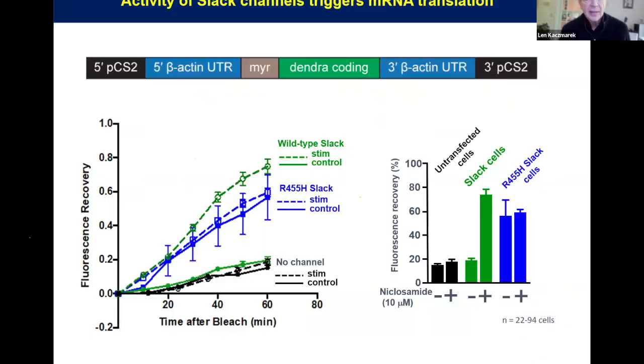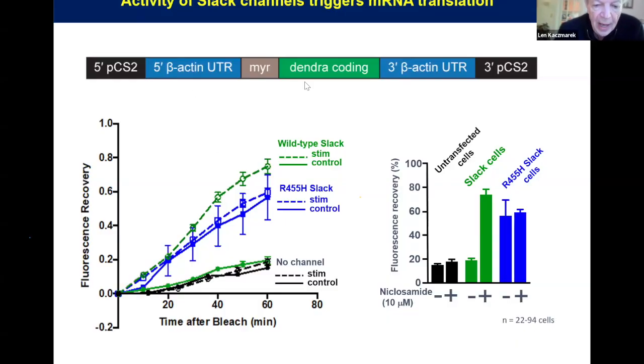And since I've told you that it interacts with FMRP and it interacts with CYFIP1, that raises the possibility that it's the overactivity of the channel that is increasing the synthesis of those channels. And so Taylor Malone, a graduate student in my lab, went about testing the effect of Slack channels on translation of messenger RNAs.